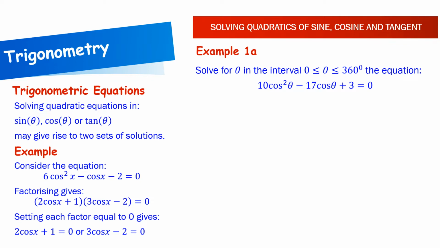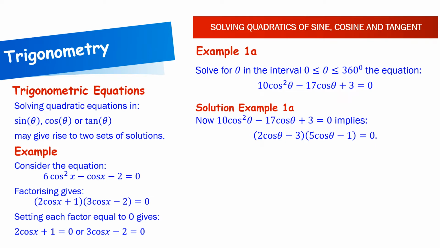So let's solve example 1a first. Solve for theta in the interval 0 less than or equal to theta less than or equal to 360 degrees, the equation 10 cos squared theta minus 17 cos theta plus 3 equals 0. So let's solve this.